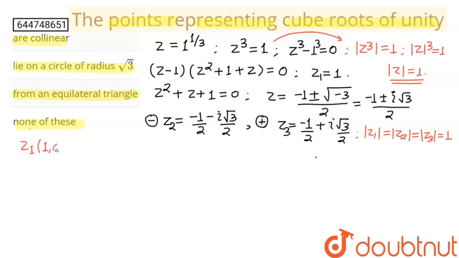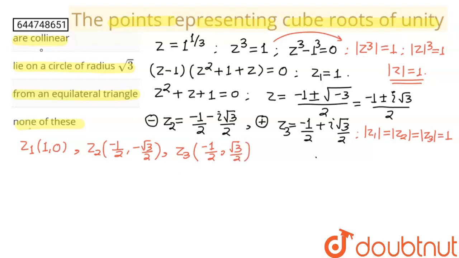So z1 will become (1, 0). The z2 point will be (minus 1 by 2, minus root 3 by 2). And the z3 coordinates will be (minus 1 by 2, root 3 by 2). Okay, so these are the 3 points.